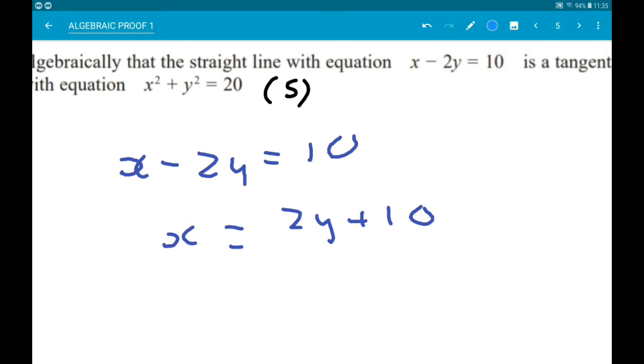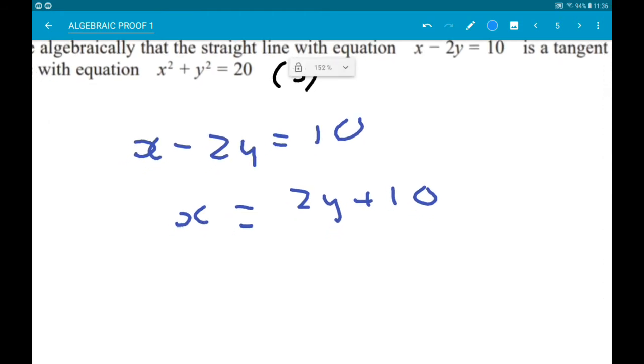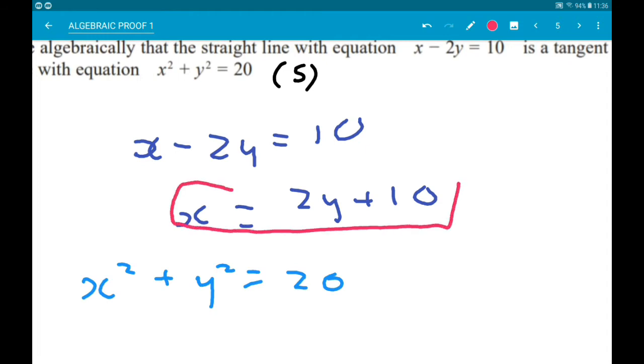Now the method that we use is called substitution. So we know the equation of the circle is x squared add y squared is equal to 20. Now what we're going to do is substitute this expression for x into the circle equation.